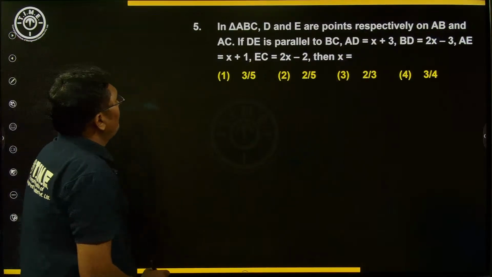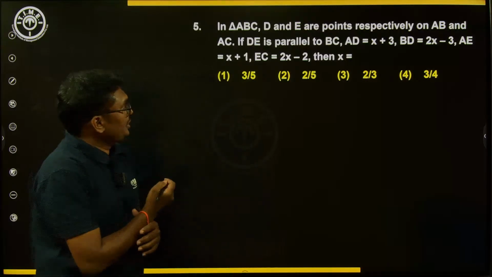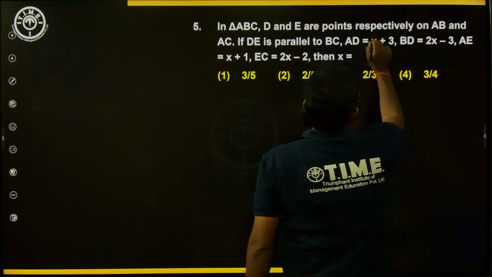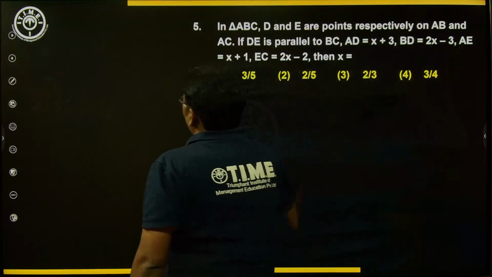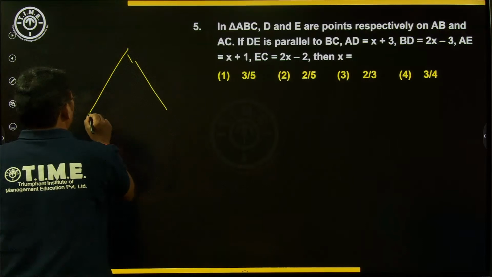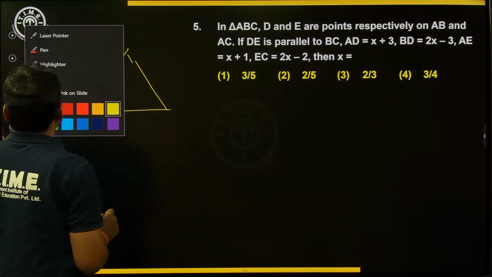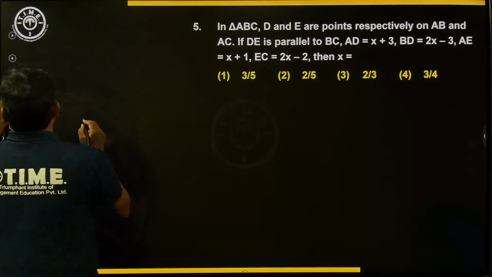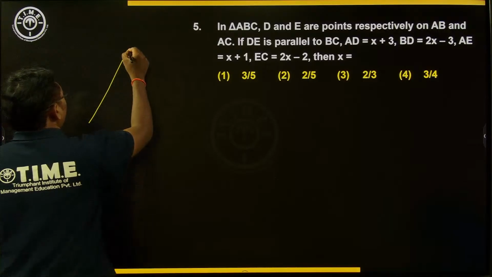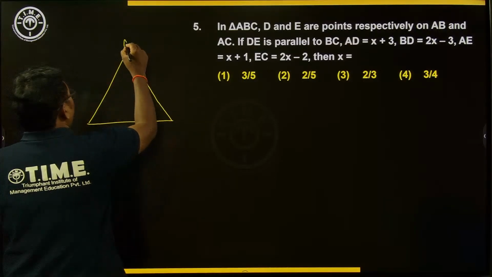Question number 5. In a triangle ABC, D and E are points respectively on AB and AC. So let us draw a triangle ABC.